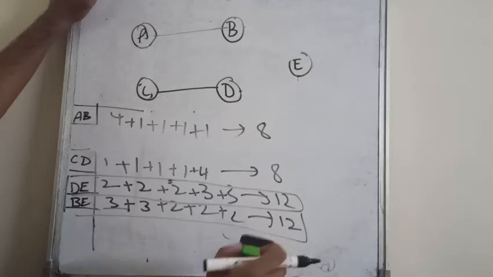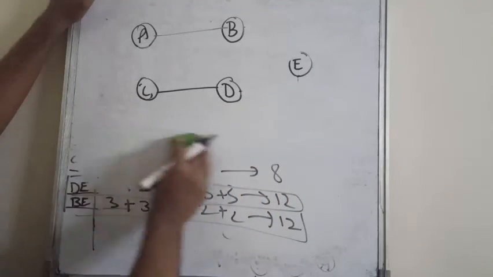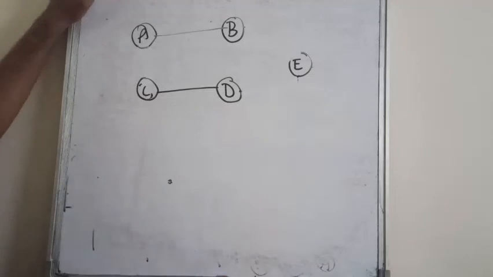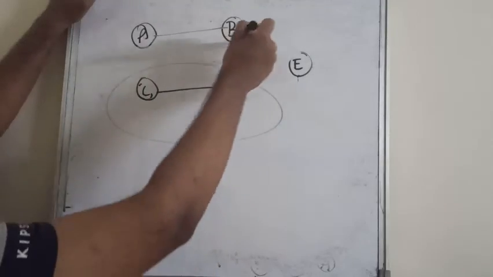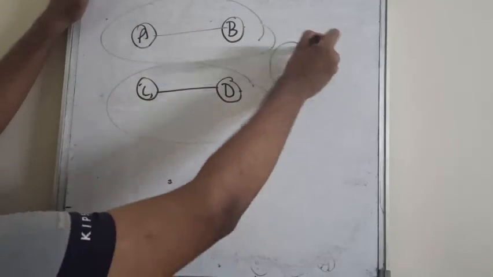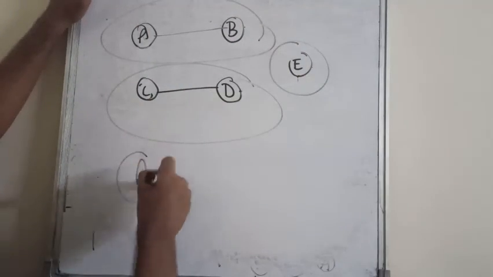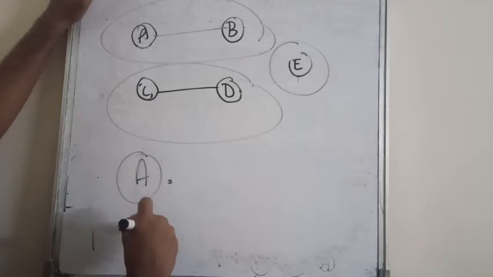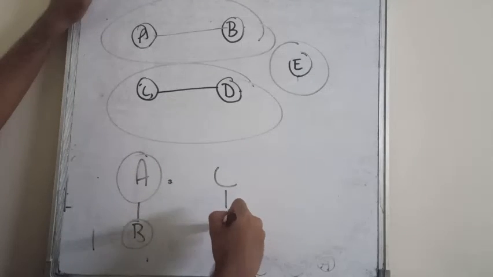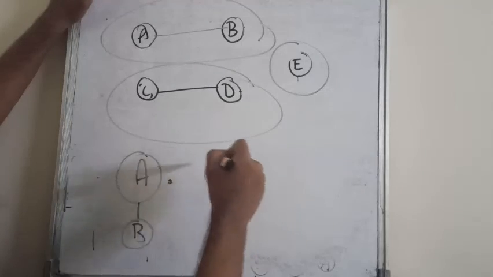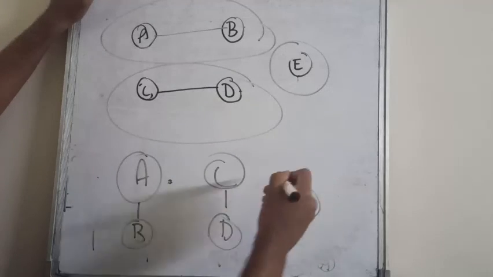Now this is the end of the problem because we have proper communities formed. This is one community, this is one community, and this is one community. So basically AB is one community, CD is one community, and E alone is one community.